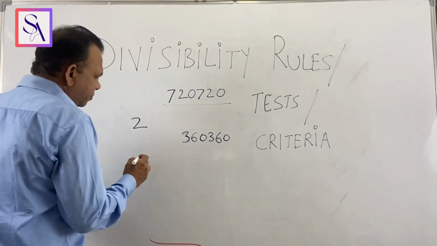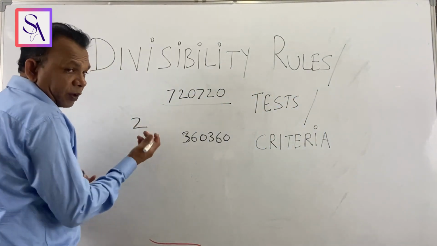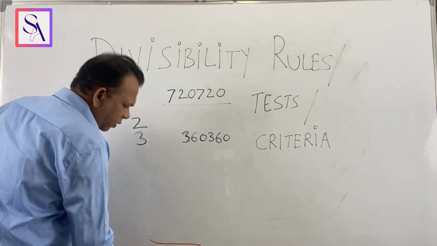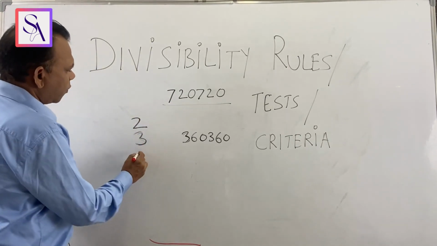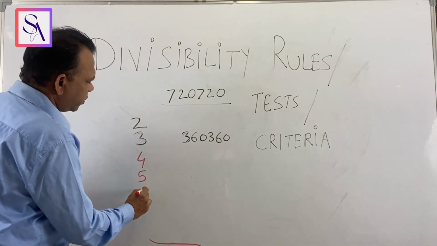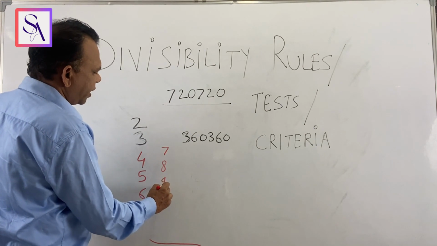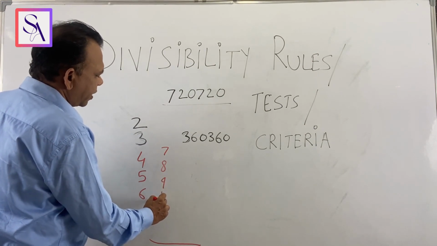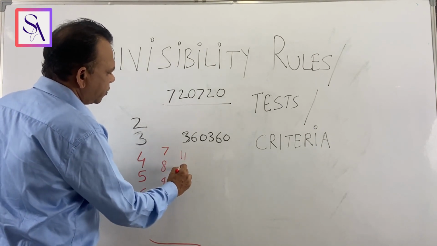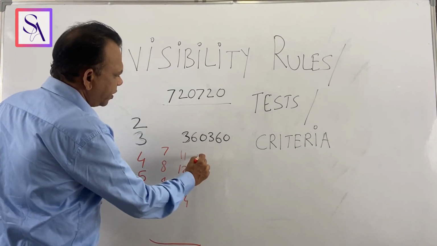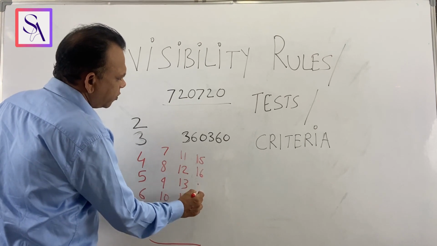I will give the answer. The numbers are 2, which I have given already, 3, 4, 5, 6, 7, 8, 9, 10, 11, 12, 13, 14, 15, 16 and so on.